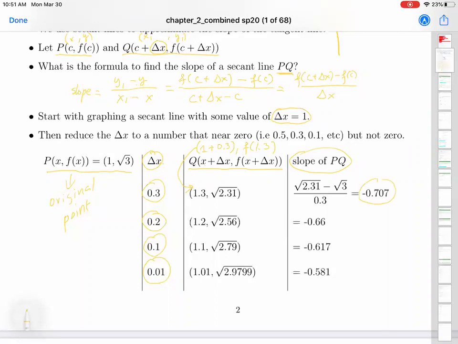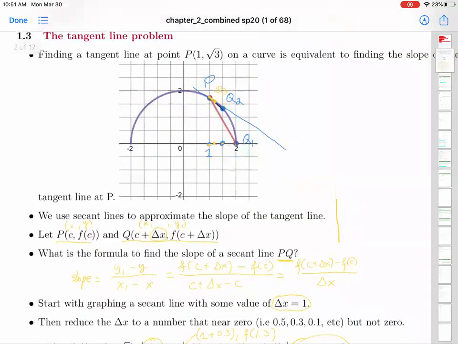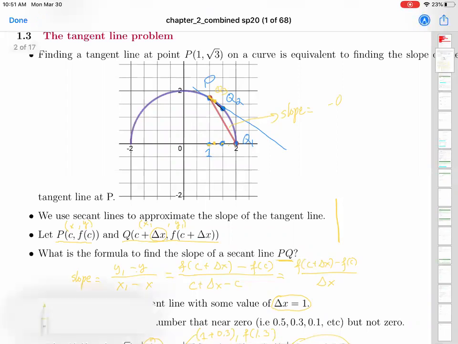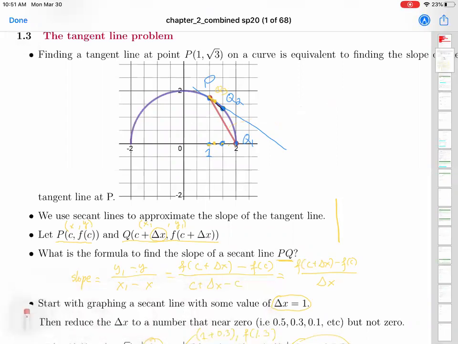So if delta X is 0.3, then the slope of PQ is negative 0.707.